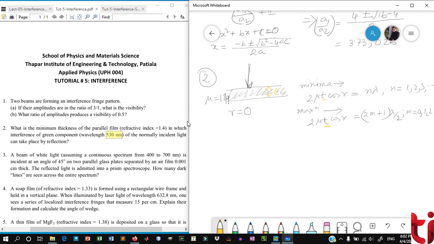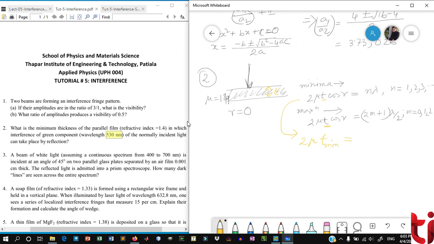Now let's see, for t to be minimum, this n or m should be taken to be minimum. So from here, that's for minima. So 2 mu t minimum, r is 0, so cos r is 1, is equal to n.